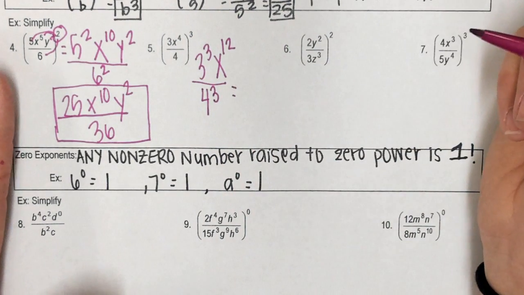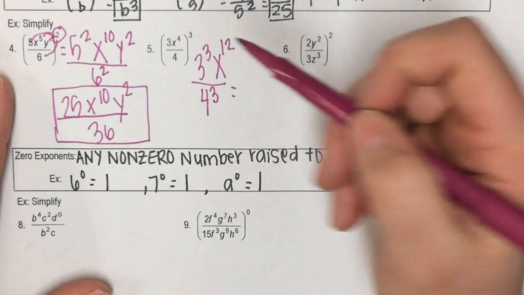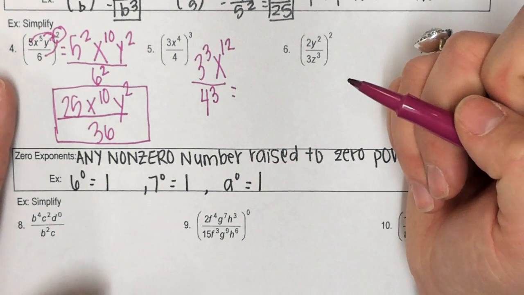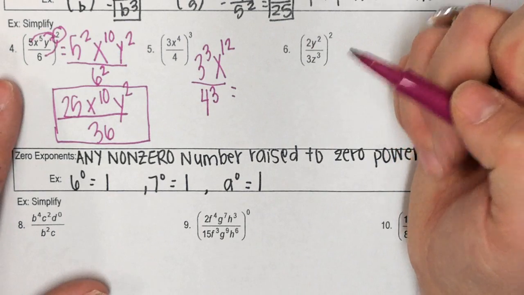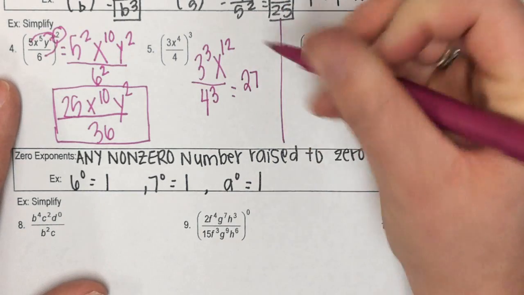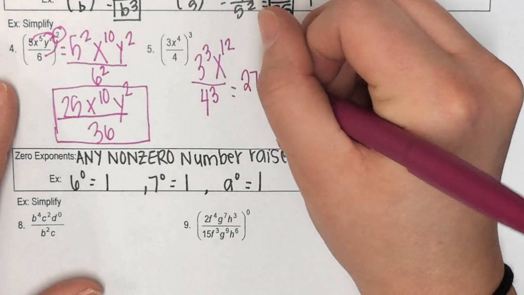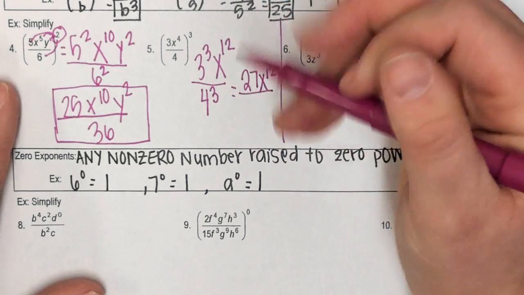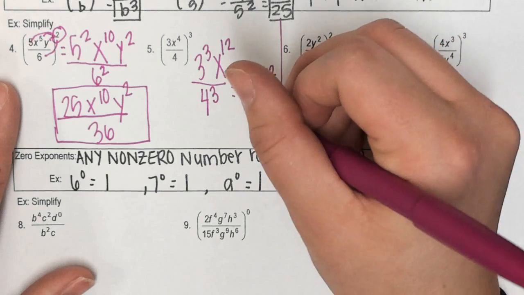Are y'all writing this down? What's 3 to the 3rd power? 3 times 3 times 3. 27. Is there an x on the bottom to simplify this with? No, so I just leave x to the 12th over, what's 4 cubed? Don't say 12. 64? Yeah.